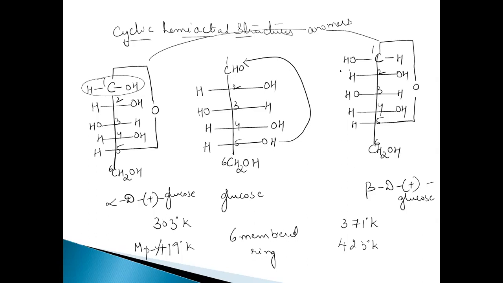Right. This is how the cyclic structure has been proposed to explain a few properties of glucose which otherwise could not be explained by the open chain structure. And this is called as what? Fischer projection formula. And how to write the Haworth projection formula, I'll also explain that.